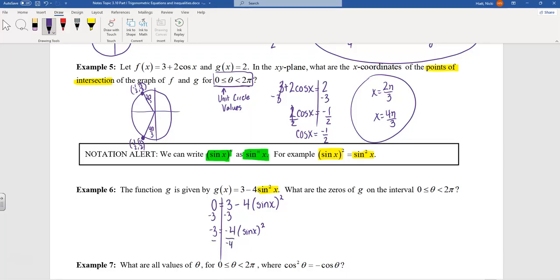Divide by that negative 4. And so that's going to give us positive 3/4 equals sine of x, squared. All right, what next, Asher? Good. How do we get rid of a square? Square root. We are square rooting both sides.